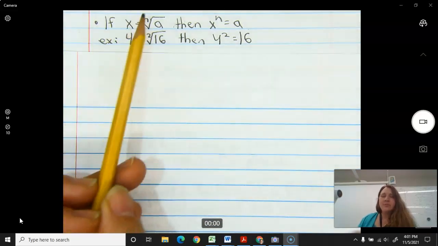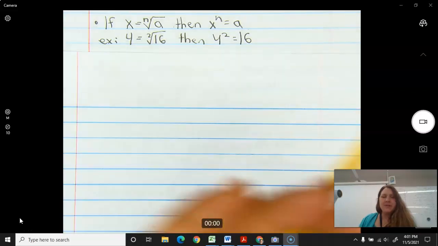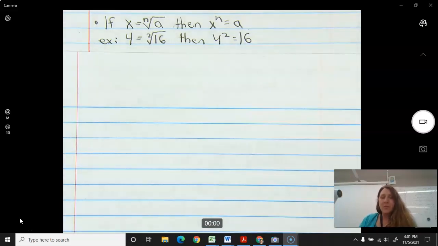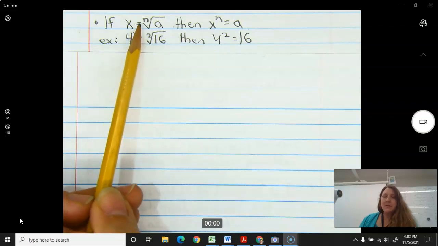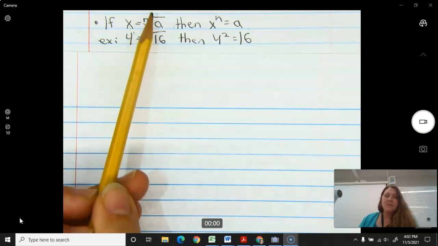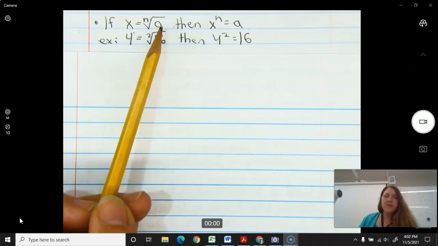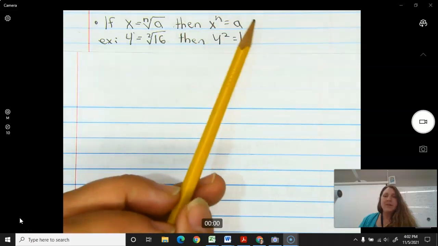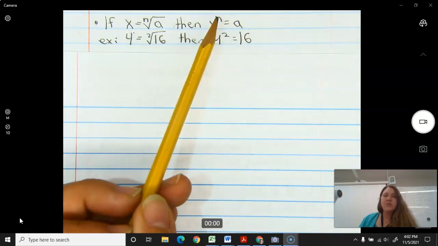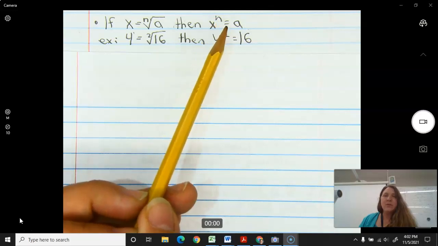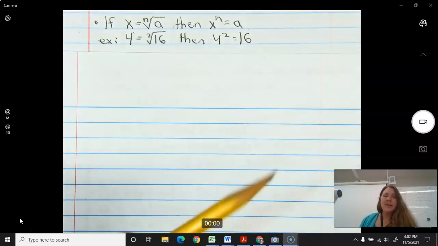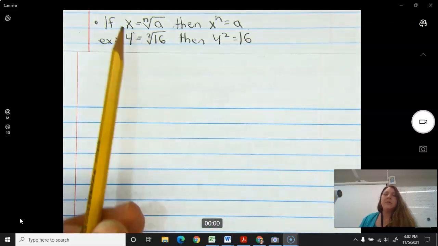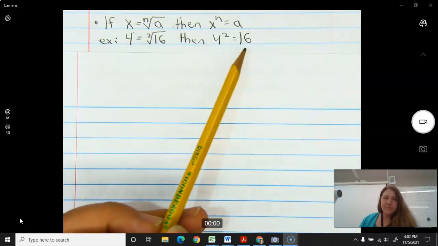Here's a really important bit of information, because this is what we're going to be looking at in terms of different ways to write the same thing. If x equals the nth root of a, then that is the same thing as x to the n equaling a. Again, it's that number squared or that square root.